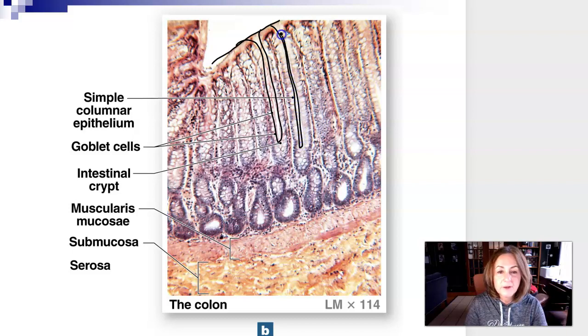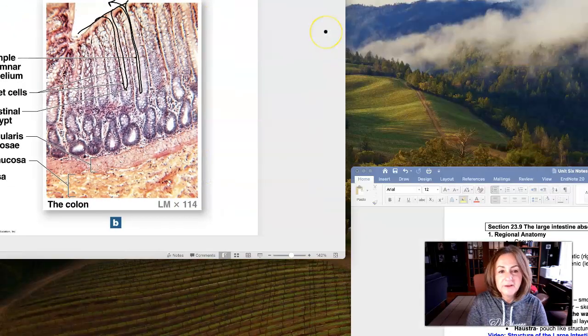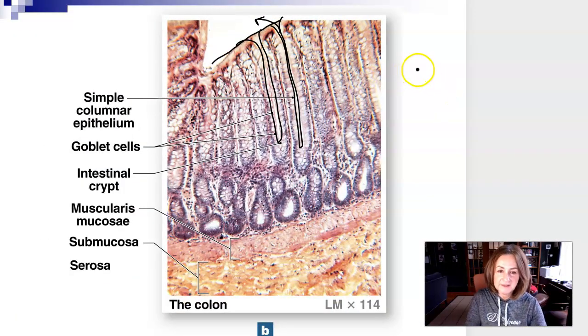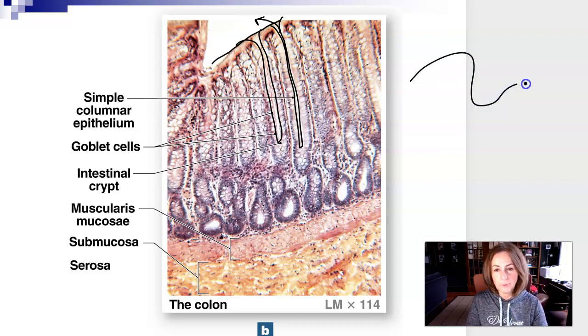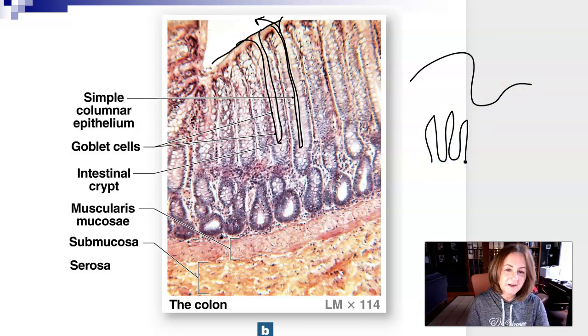So that area that I'm showing, this is where the mucus and the watery secretion would move through and right onto the surface. So the large intestine has that smooth surface. It's not thrown into folds like the rugae, and you don't see the villi like the small intestine. So that's a little bit of a hint that it's the large intestine. So it's simple columnar with goblet cells.